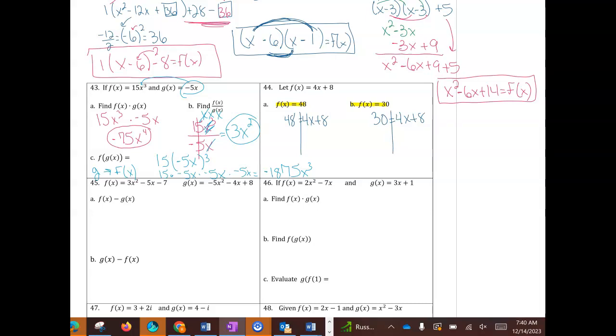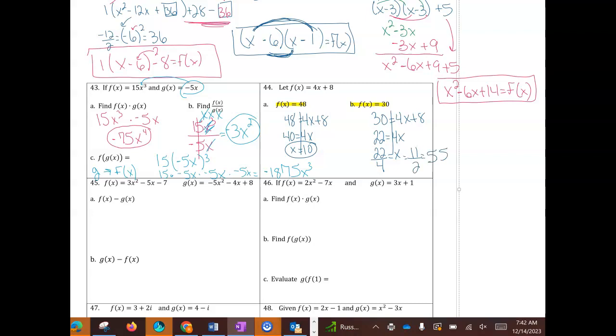So in the first situation, subtract 8 and divide by 4, so I get 10 as my answer. And in the next situation, subtract the 8 and then divide by 4. And so here I get a fraction, which I could simplify, or I could divide it out into a decimal. All right, so 5.5, my decimal didn't show up very well.